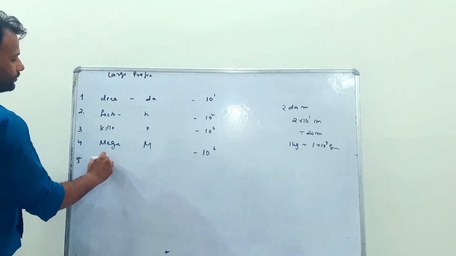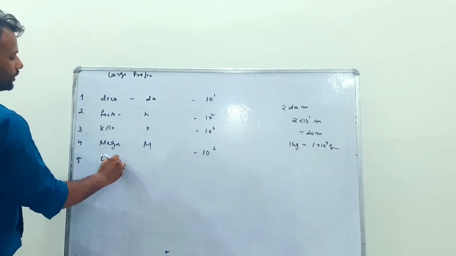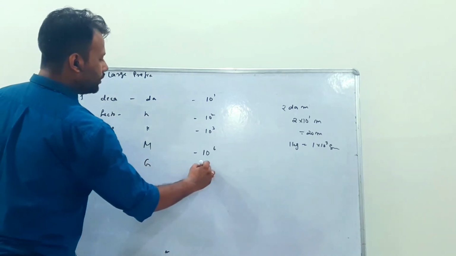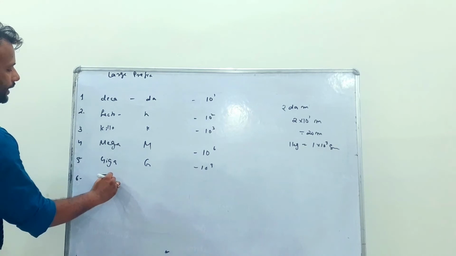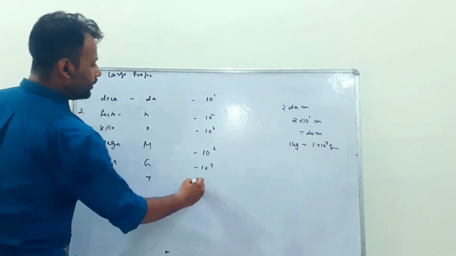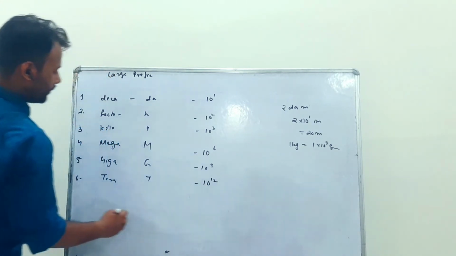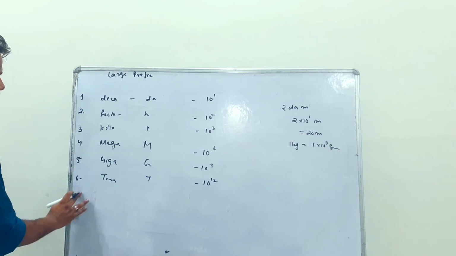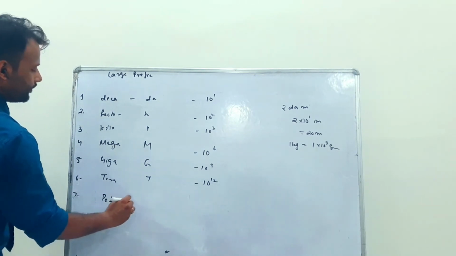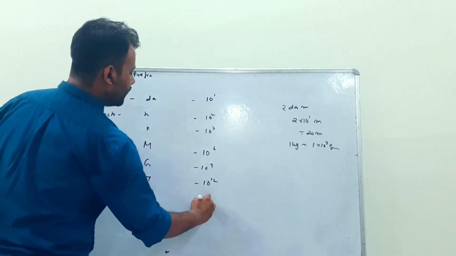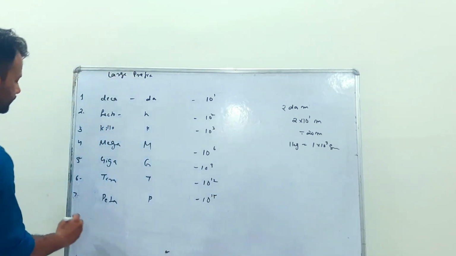Then we have giga, 10 to the power 9. Tera, 10 to the power 12. Peta, 10 to the power 15.